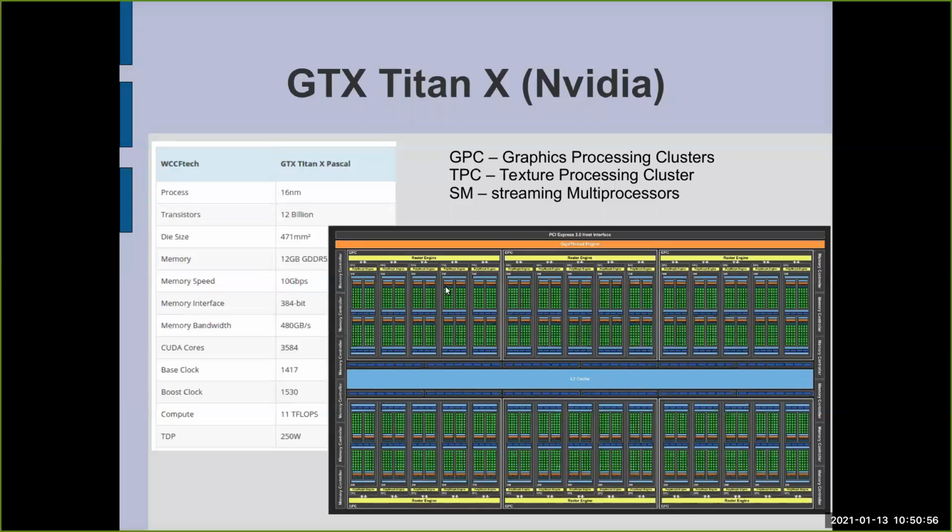So for applications in which we have a quite simple set of operations like matrix multiplication, but we have to perform a lot of operations like this, and they are independent.